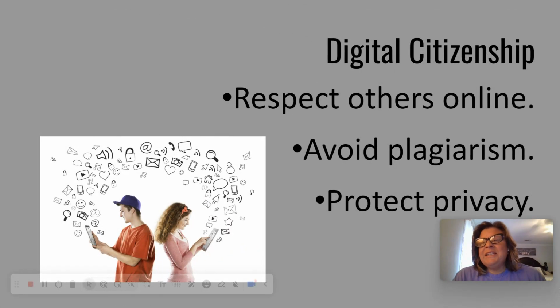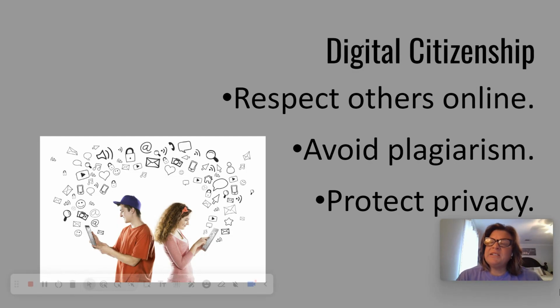The last element would be digital citizenship. What does that mean? Well, let's have a conversation of what it means to be a good citizen and let's move from there. Because most of our high school students understand what citizenship is, but how does that apply to the digital world? So we would talk about respecting others online because it's so easy sometimes when we're behind that screen to just kind of post things that we wouldn't normally say face to face.